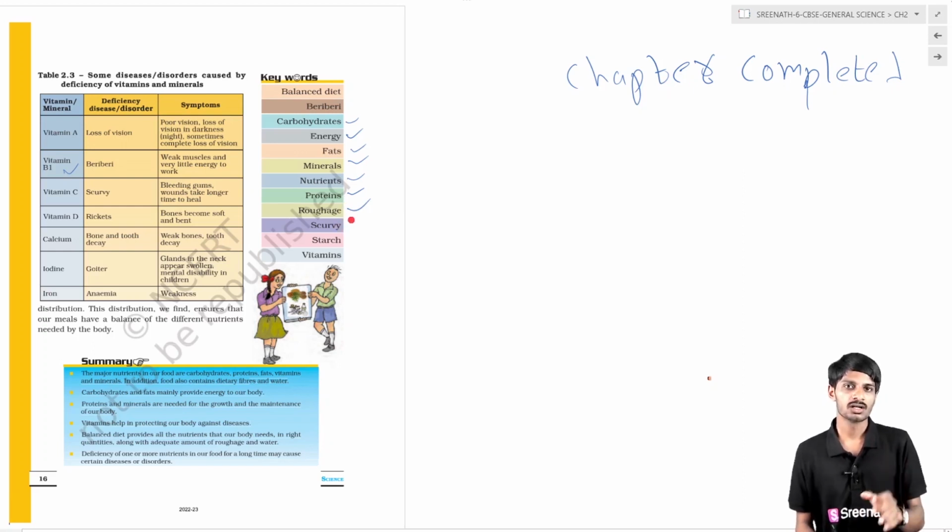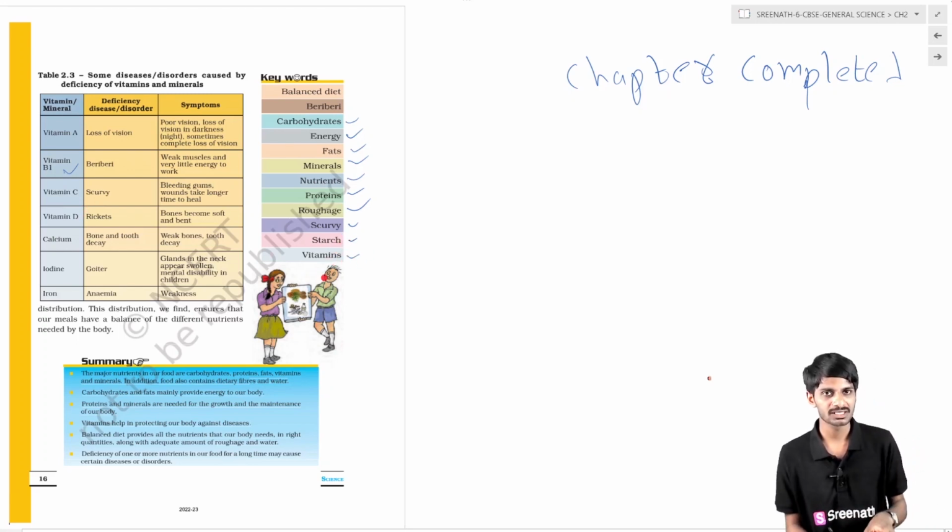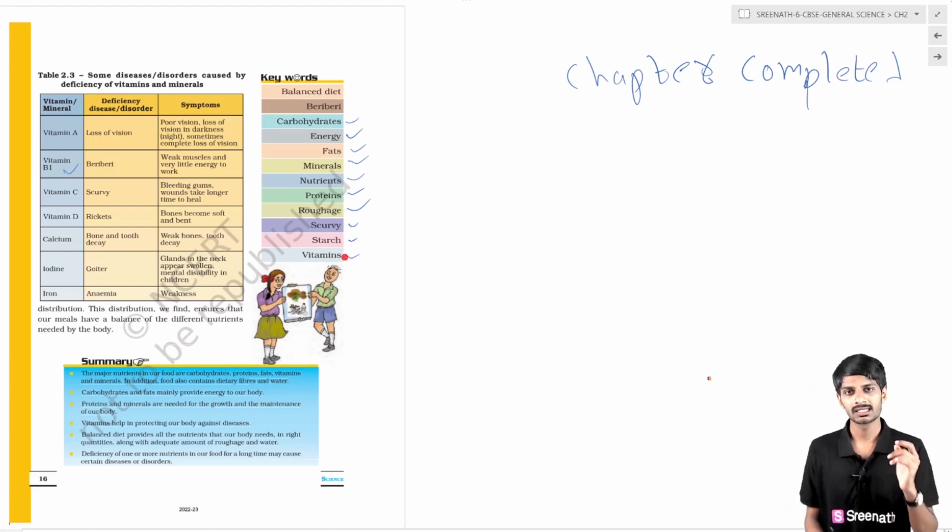They help to get rid of undigested food, they help in digestion. Scurvy is a disease attacked when there is vitamin C deficiency. Starch: carbohydrates are basically in the form of starch. Vitamins: there are so many vitamins which are helpful to our body, and their deficiency will cause all these diseases.